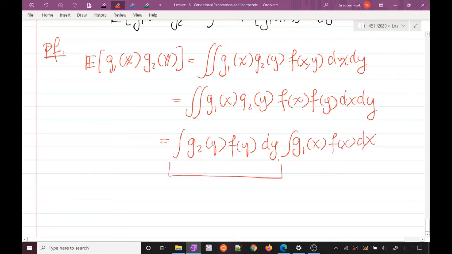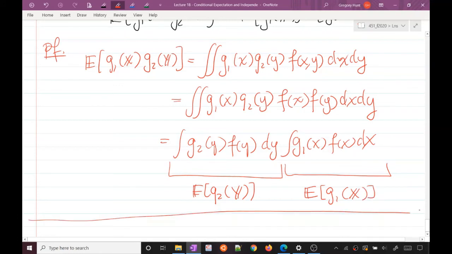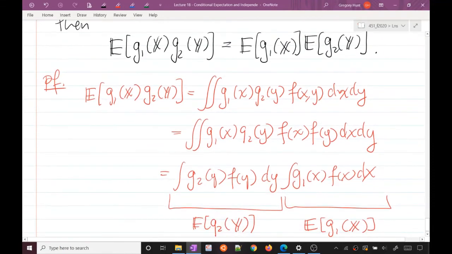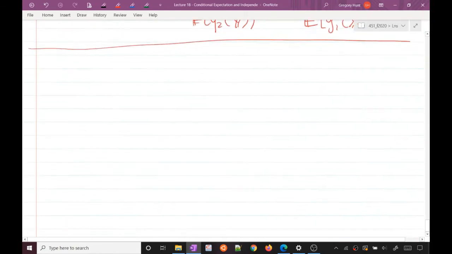And that first thing is just my expected value regarding y, and the second part is my expected value concerning x. So it's a really nice short proof, and it shows really nicely that things factor. This makes calculating expectations really simple.